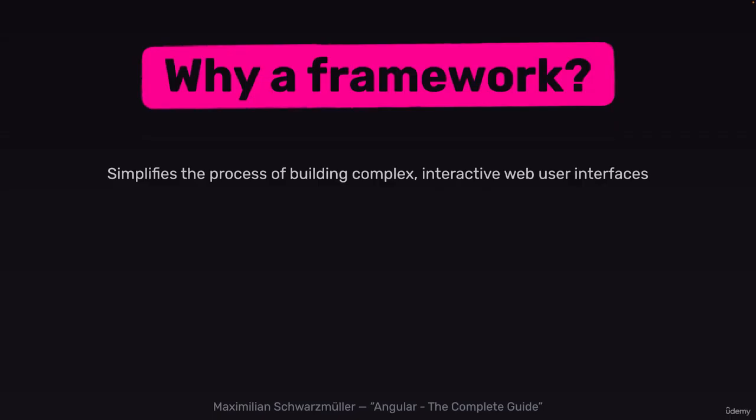And Angular does simplify this process by giving you many useful features and rules and concepts you should apply when using it, but most importantly, because of four main things it brings to the table. And the first one is that with Angular, you can write declarative code instead of imperative code as you do it with vanilla JavaScript.